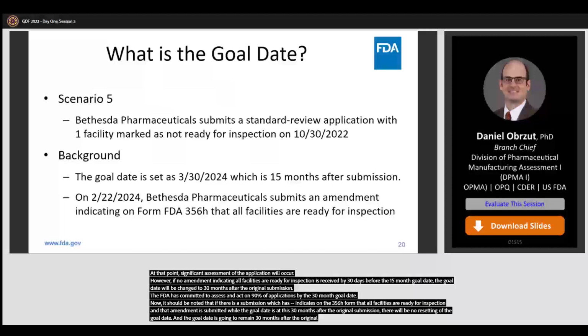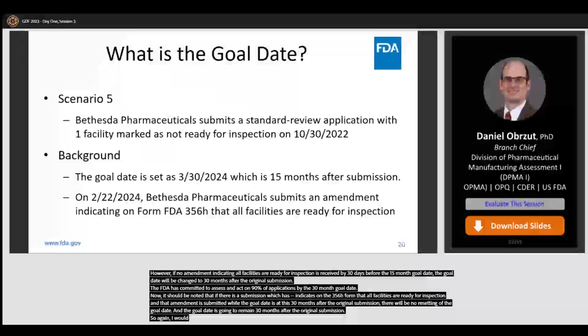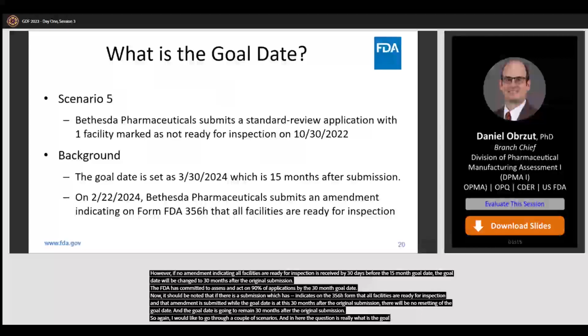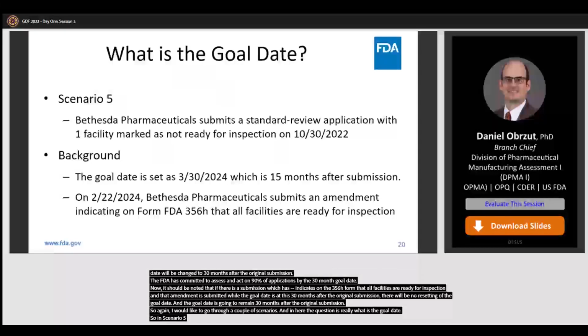So again, I'd like to go through a couple of scenarios, and here the question is really, what is the goal date? In scenario 5, Bethesda Pharmaceuticals submitted a standard review application with one facility marked as not ready for inspection on October 30th, 2022.